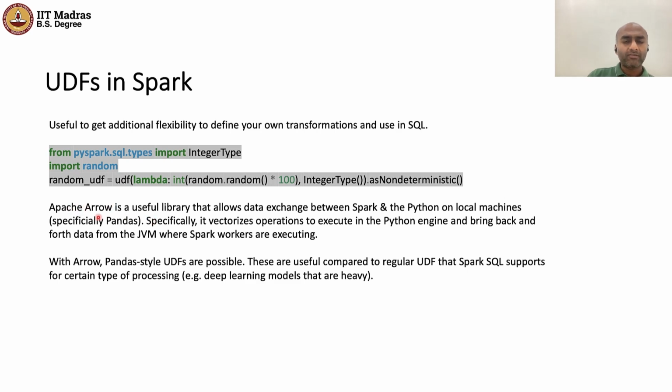But what Arrow is, it's a library which allows for data exchange to happen between the JVM, the Java virtual machine on which Spark typically runs, and Python on the local machines in the executors. So remember the executor model: even if you use Spark SQL, the driver program is operating on the master node. It takes all the data-heavy operations and runs them on the worker nodes.